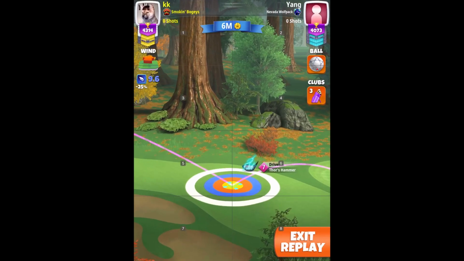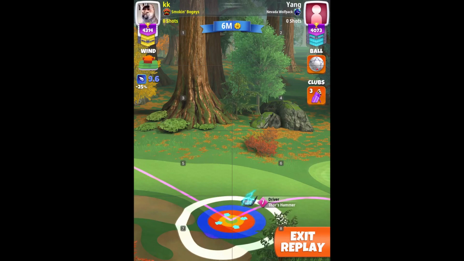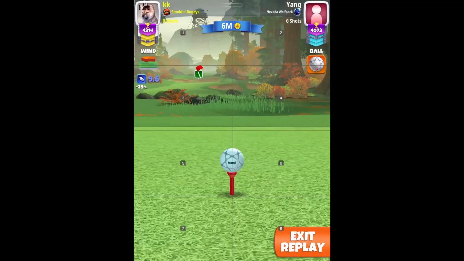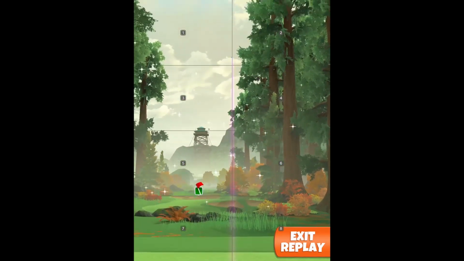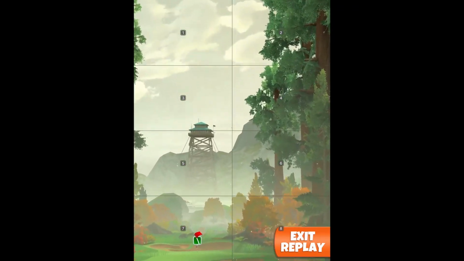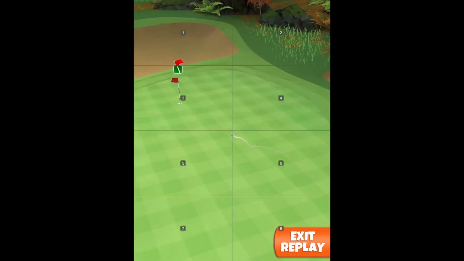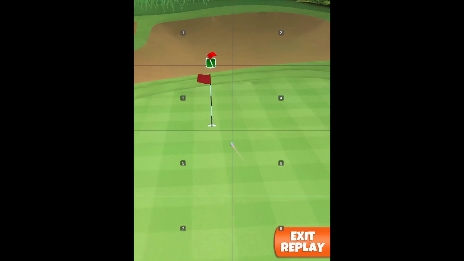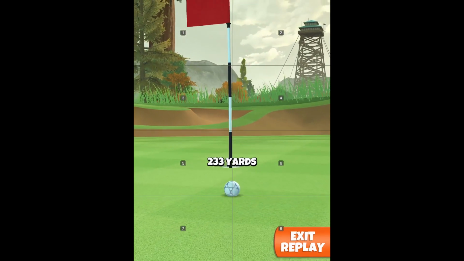And I'm going to adjust plus 20% minimum. Another great. So that just needed a little less backspin and a little more right spin if you were to hit perfect.